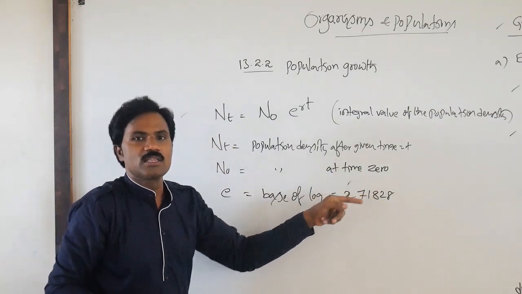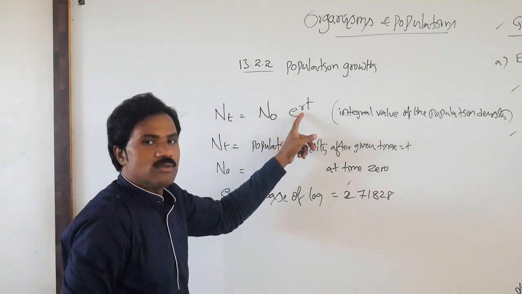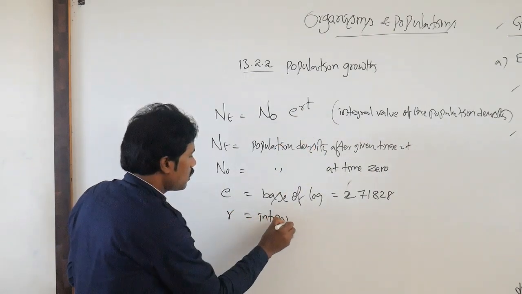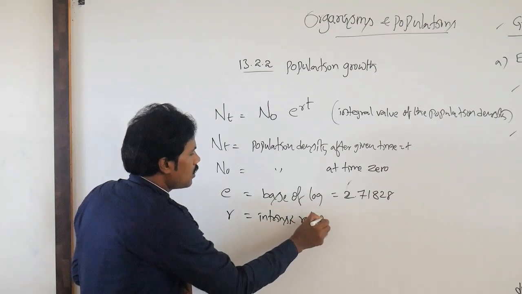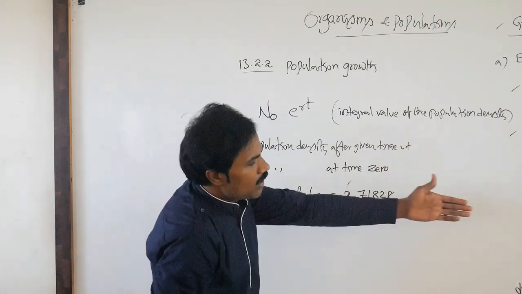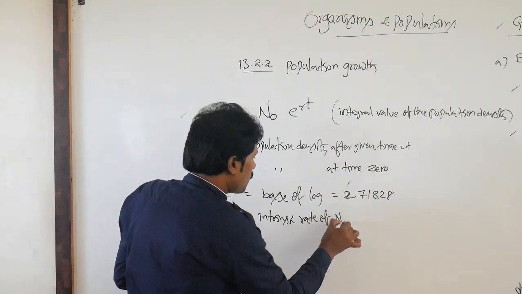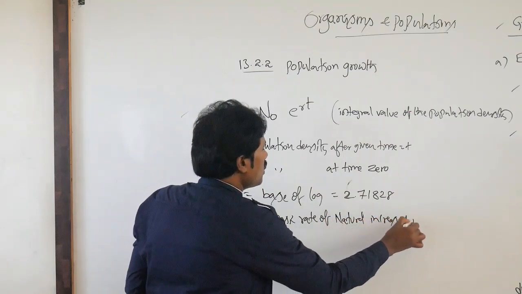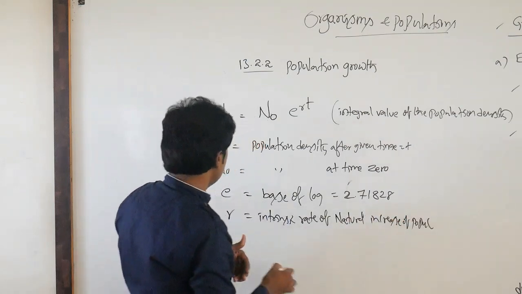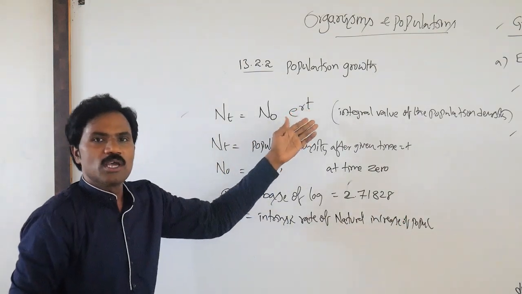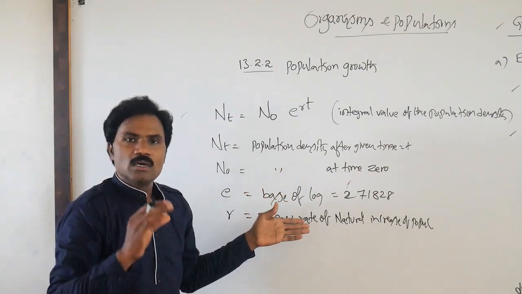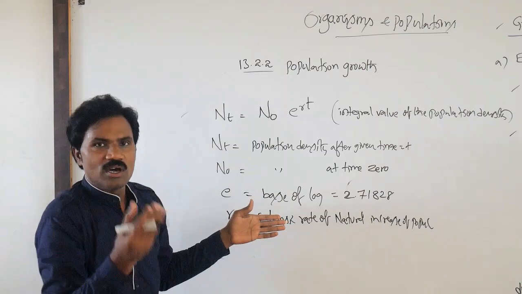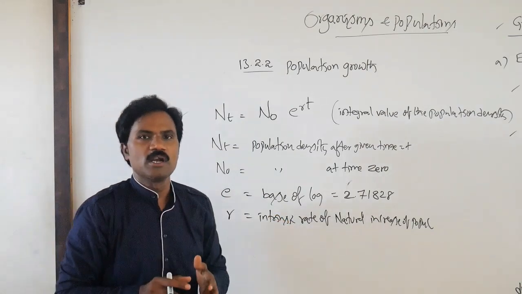Then r is the intrinsic rate of natural increase of the population. Then t represents the specific time period, whether it is initial or after a specific period of time.